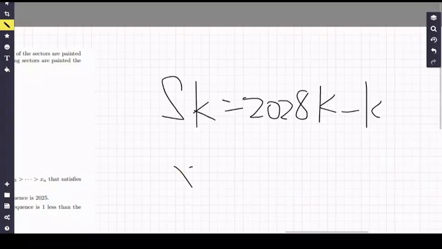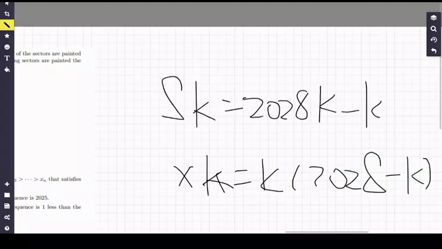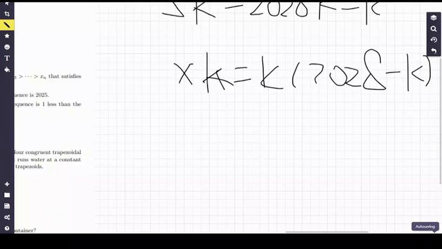We can figure out x_k, by the way. This would equal, remember, s_k is equal to k times (2028 minus k), minus s_{k-1}, which is (k minus 1) times (2029 minus k).